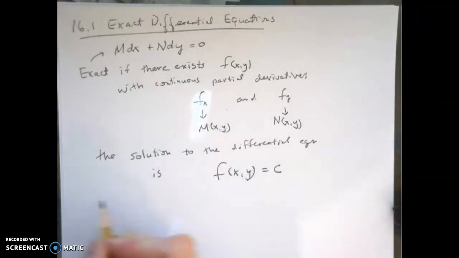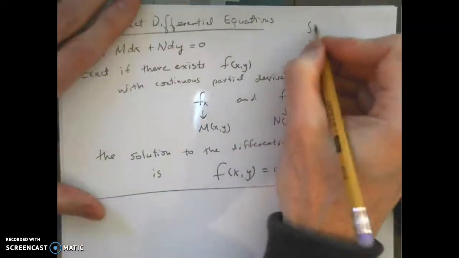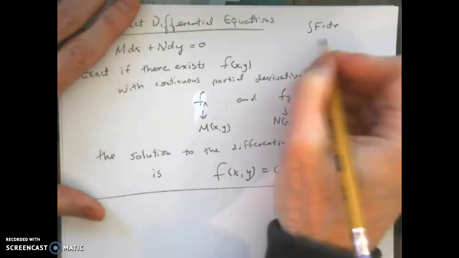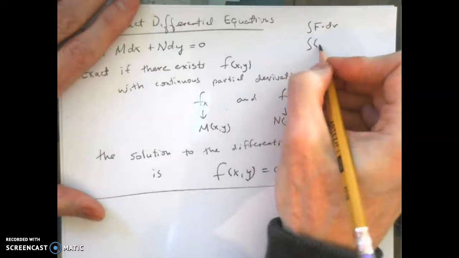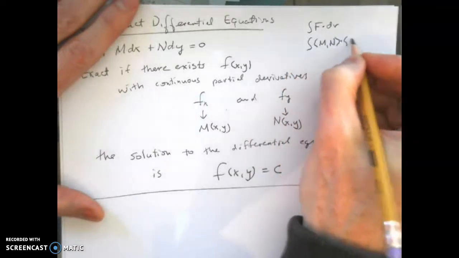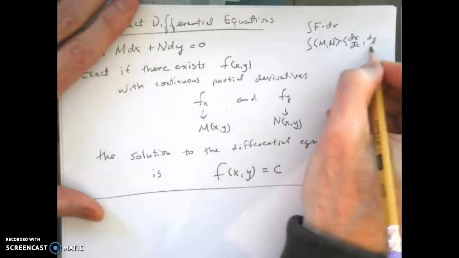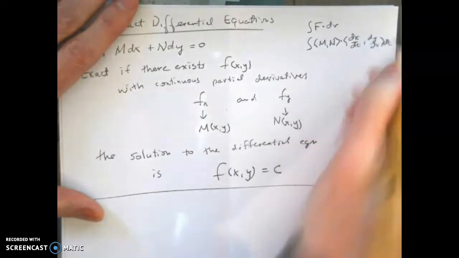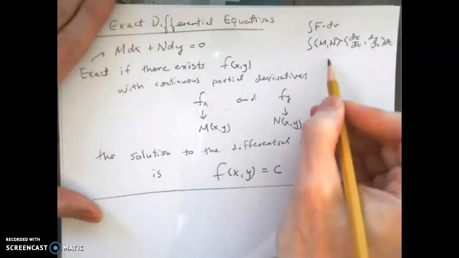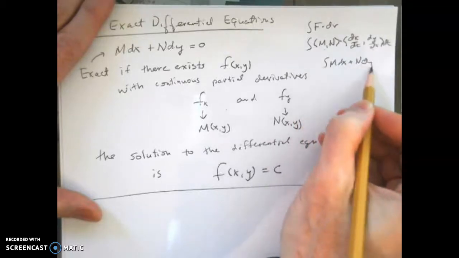Now this might look very familiar, because this looks a lot like when we had a line integral of F dotted with dr, where your vector field, if it was in 2 dimensions, was M, N, and then your dr, dotted with dx dt and dy dt. When you do this, you end up with the integral of M dx plus N dy.